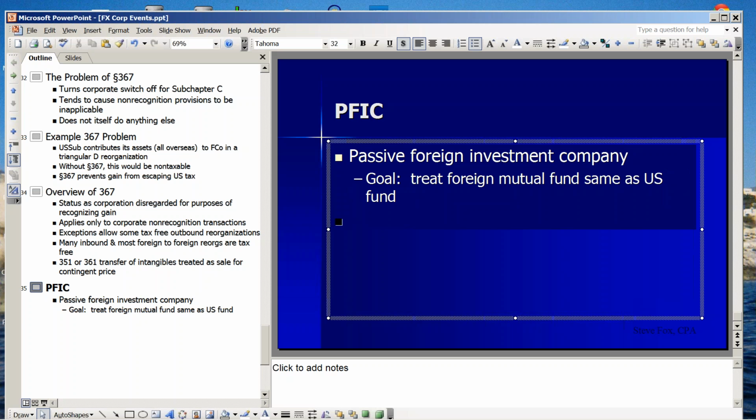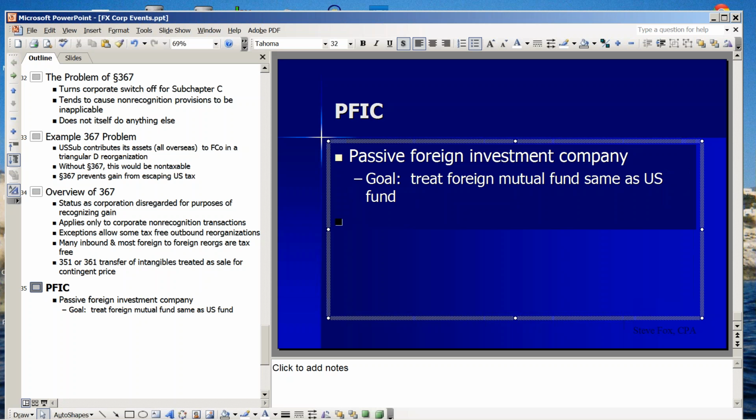PFIC was passed in 1986 with a very basic fundamental goal. And unfortunately, they drafted it too broadly. The idea was to treat a foreign mutual fund the same for a U.S. individual owning it as a U.S. mutual fund.